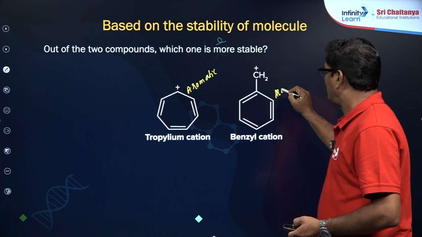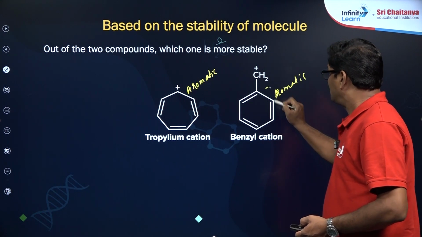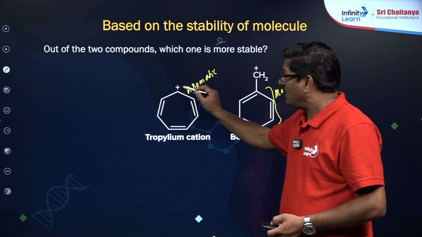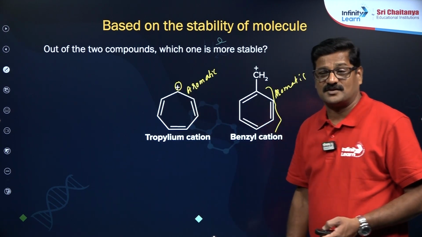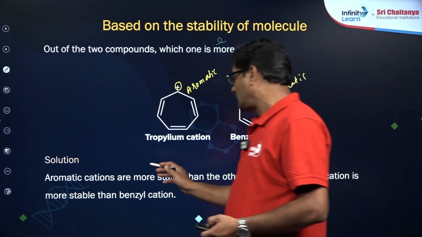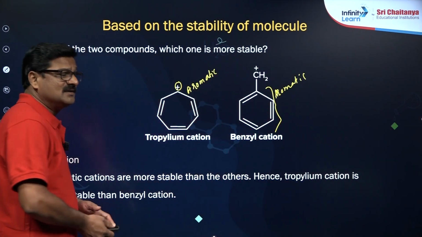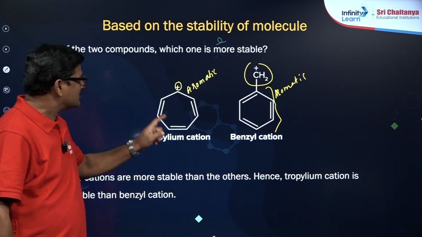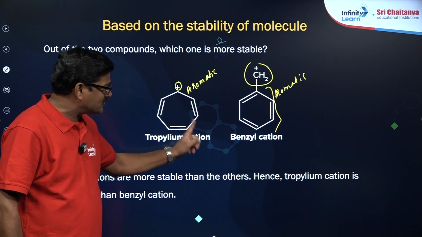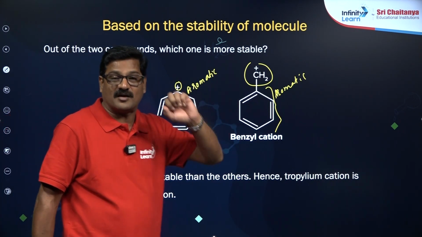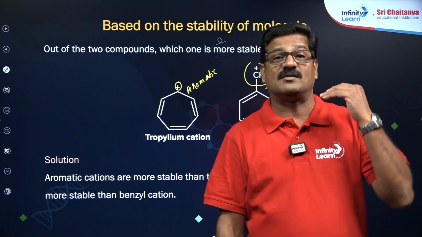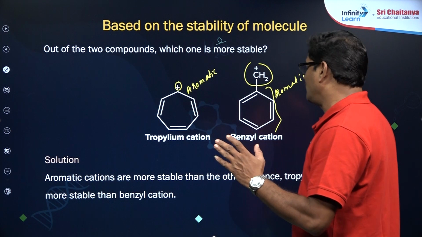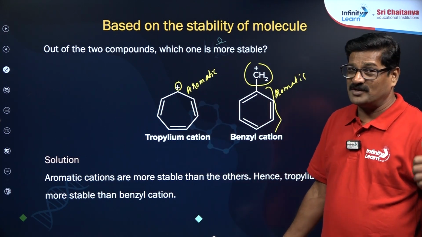The aromaticity brings delocalization of the pi electron system. Aromatic cations are more stable than non-aromatic ones. This part is non-aromatic. So the tropylium carbocation is extremely stable compared to the benzyl carbocation because of the extra aromaticity added here. So the tropylium carbocation is more stable, children.